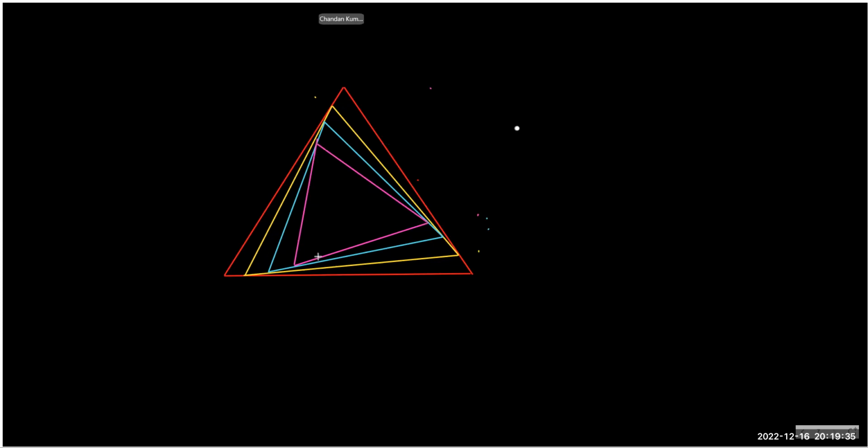Then again turn, shrink, turn. Okay, nice. So it's like the triangle is rotating. If you look at the triangle, it is always rotating. But as it is rotating, it is getting shorter and shorter in length. Do you realize this? Are you guys able to realize this path? Yes, sir.